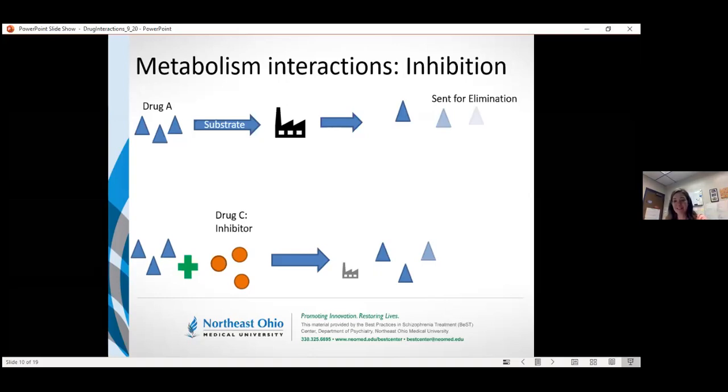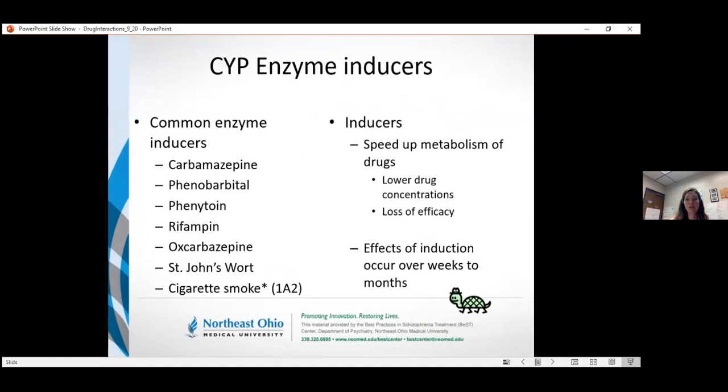So as you can see here with our blue triangles, those haven't been changed. They haven't been faded. So they're really not ready for elimination, which means we have much higher concentrations in the body than what we had before. And that increases the risk that patients could have adverse effects, even though we didn't change the dose of that medication.